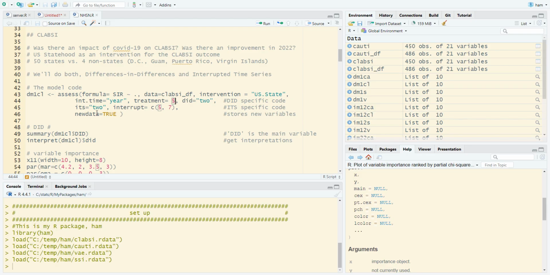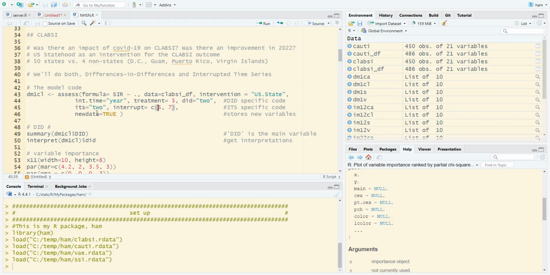So that treatment at time point 5 means that it's a treatment for that year of 2020. We can do more than one time point. We can have as many interruptions as the data permits, and so that's generally 3 units of time per time period.